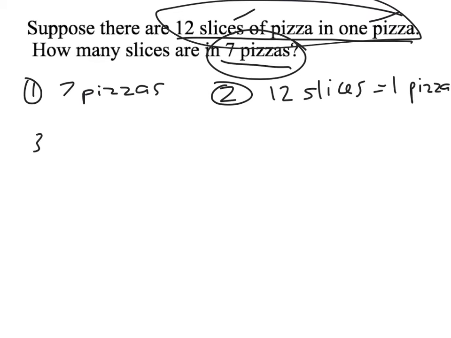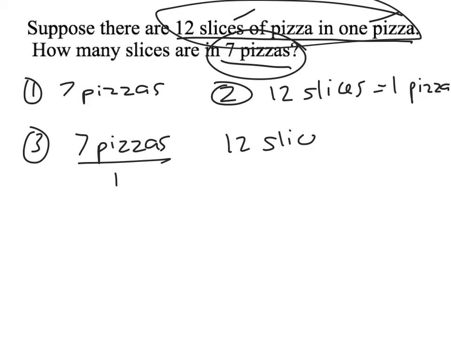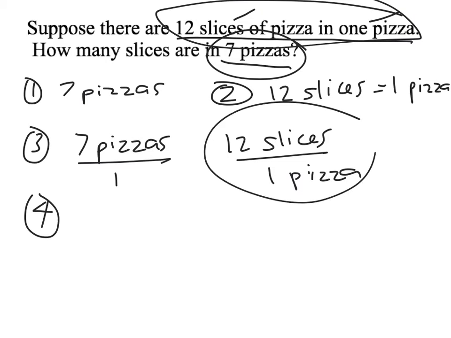Okay, so step number 3 says to write them both as fractions. So 7 pizzas over 1 and 12 slices over 1 pizza. Step number 4 says to flip the conversion factor so that the unit you began with cancels.